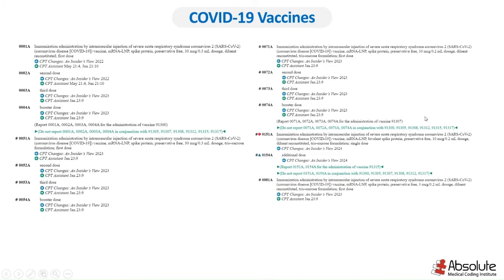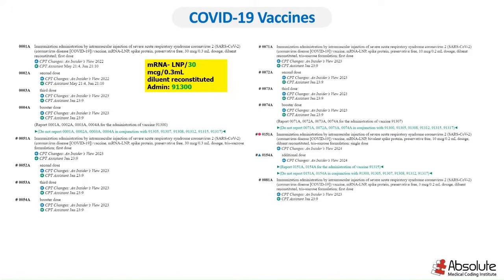So with that said, let me show you a small chunk version of the CPT book with the COVID-19 vaccine, and you will see how it will help you pick the correct answer quickly and easily. So we have the family from 0001A to 0004A. That's a family, and it is coding for mRNA LNP 30 mcg per 0.3 ml diluent reconstituted.